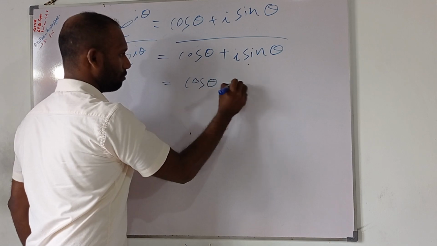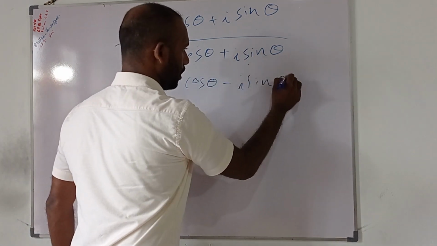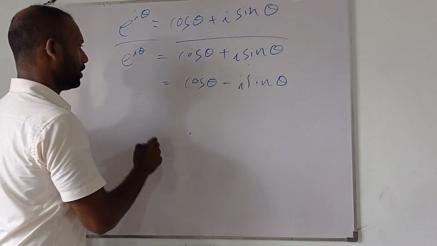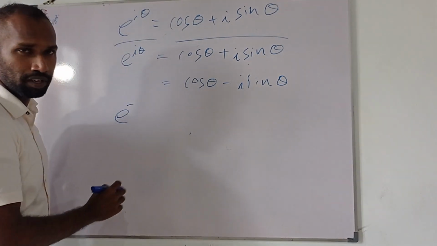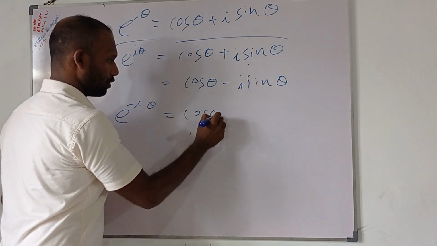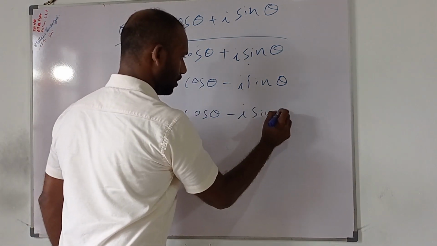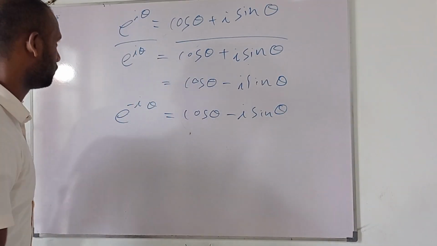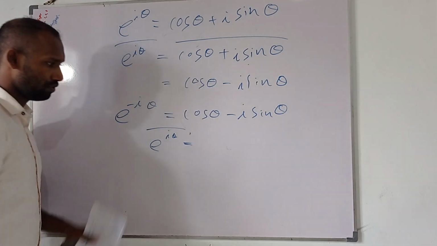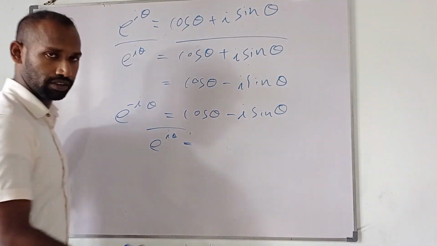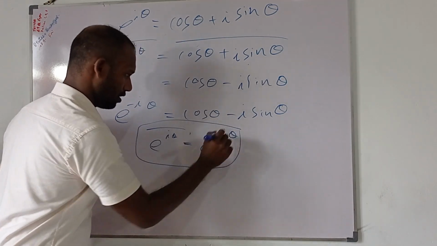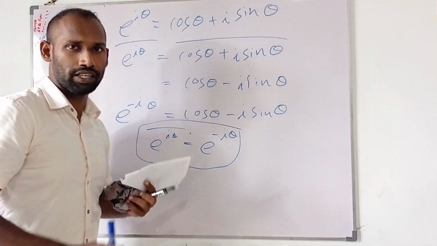So cos theta minus i sin theta. We know that e to the power minus i theta equals cos theta minus i sin theta. So the bar of e to the power i theta equals e to the power minus i theta.